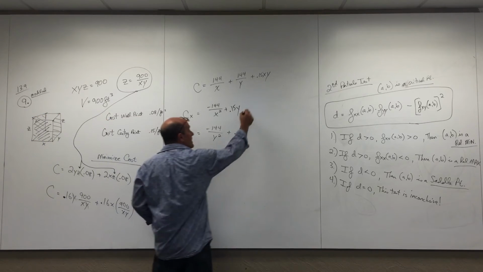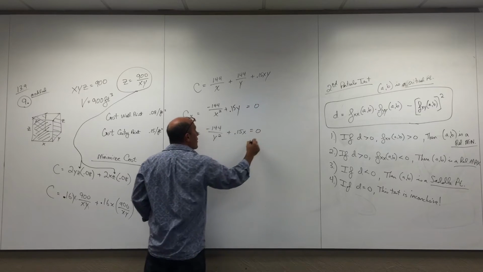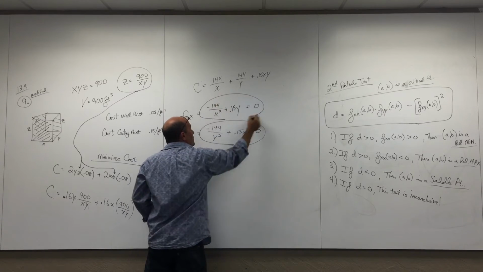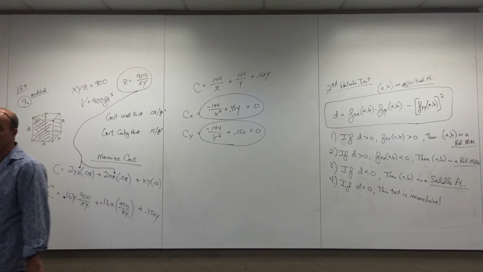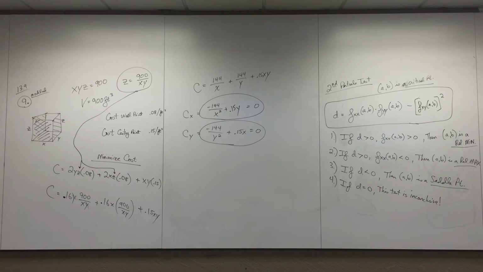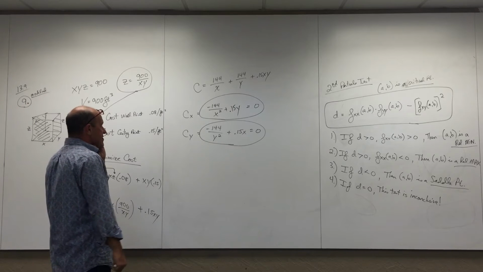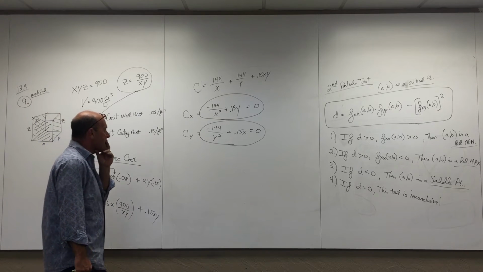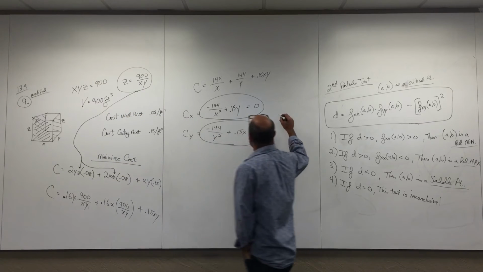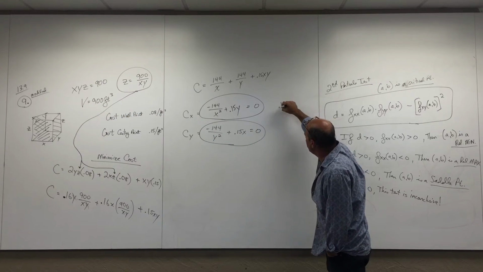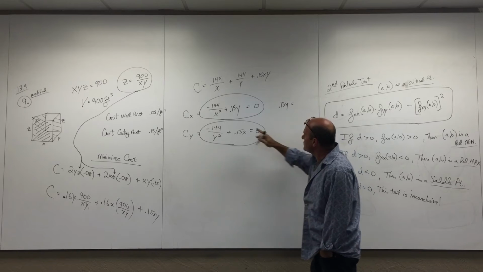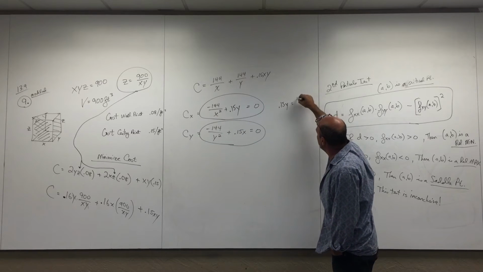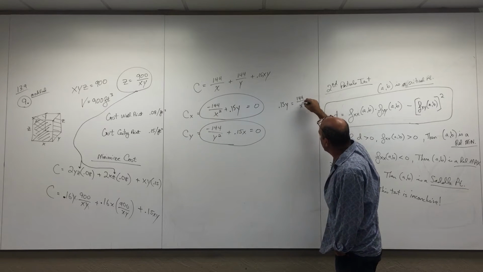All right, cool. I'm setting these both equal to 0 and solving this simultaneous set of equations, looking for critical numbers. Let's see. I'll do 0.15y equals, I'll move this guy to the other side. He'll be a positive 144 over x squared.